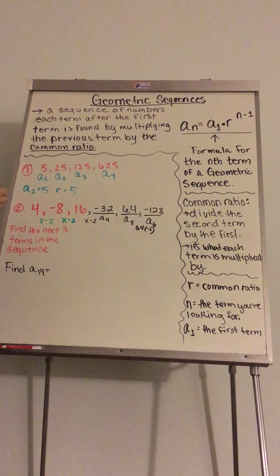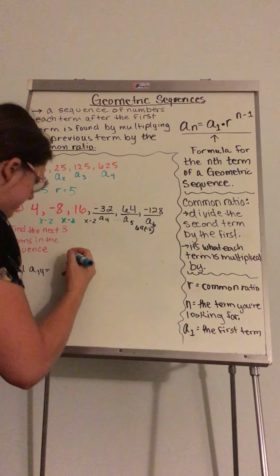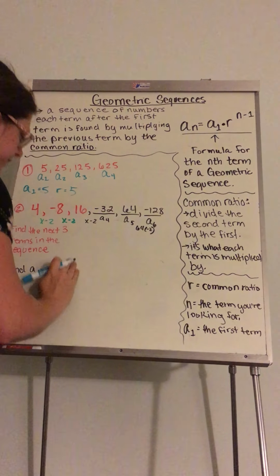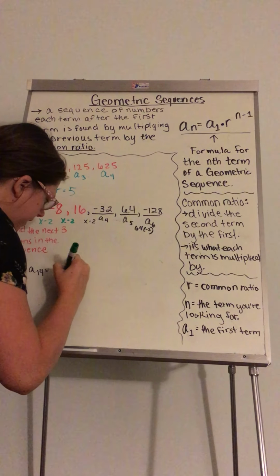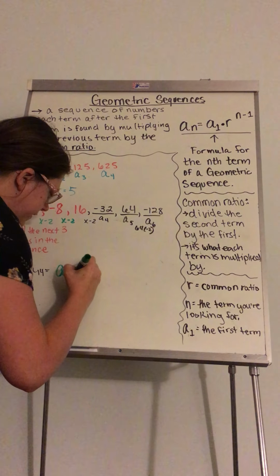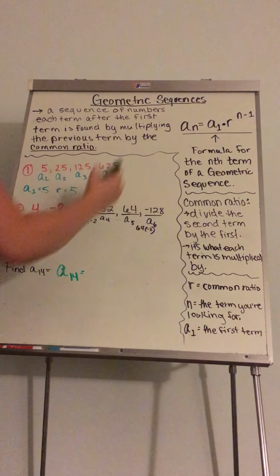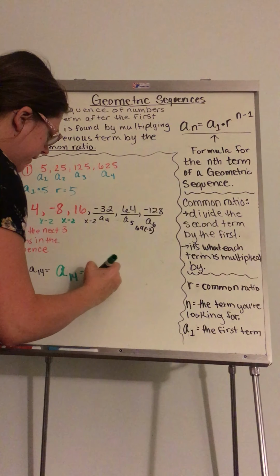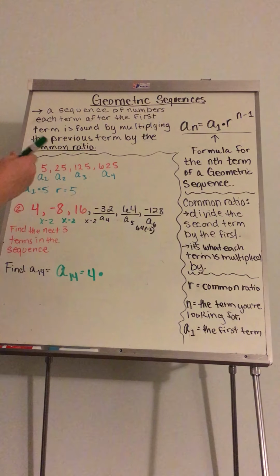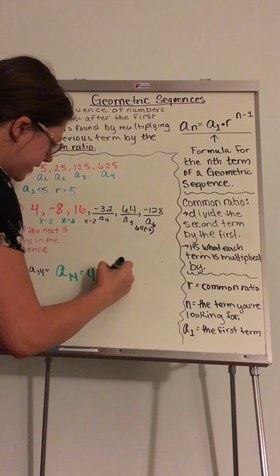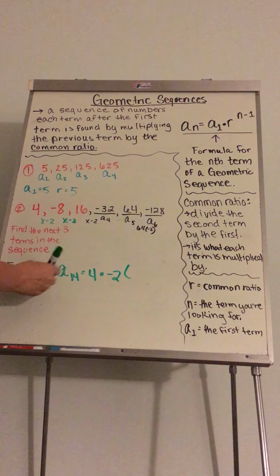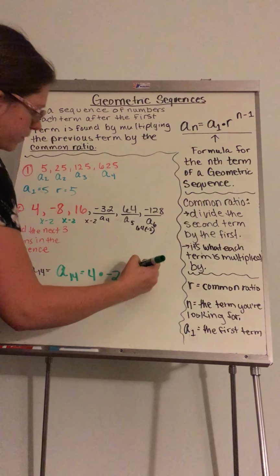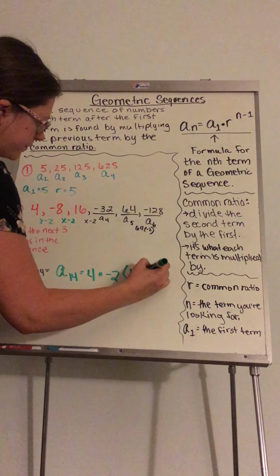To find that, I will say a sub 14, or the 14th term, equals my first term, a1, which is 4, times my common ratio, r, which in this case is -2, to the n minus 1. So n again is 14 because it's the 14th term we're looking for, minus 1.